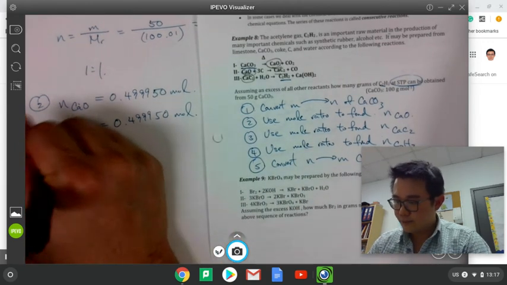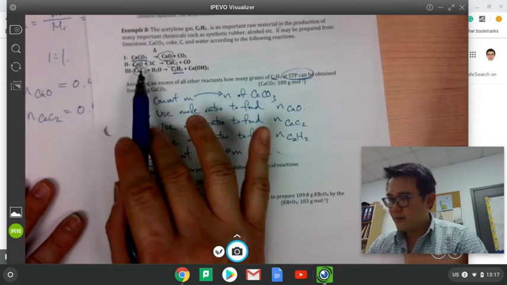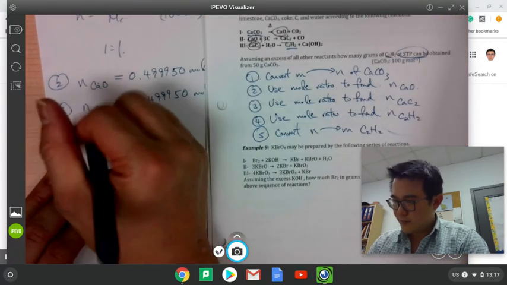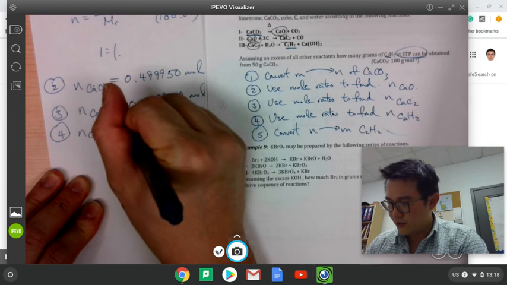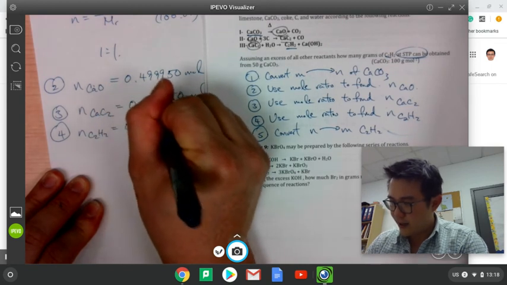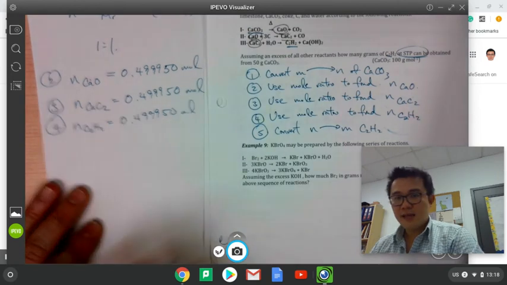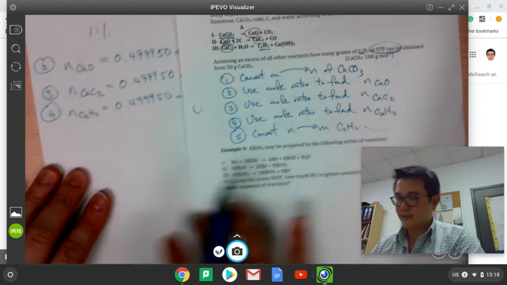So there you go. Again, next step, use the mole ratio to find this. Again, yay, it's 1 to 1. Awesome. So the number of moles of C2H2 happens to be also 0.49995. Now, last step, convert this to the mass of this.